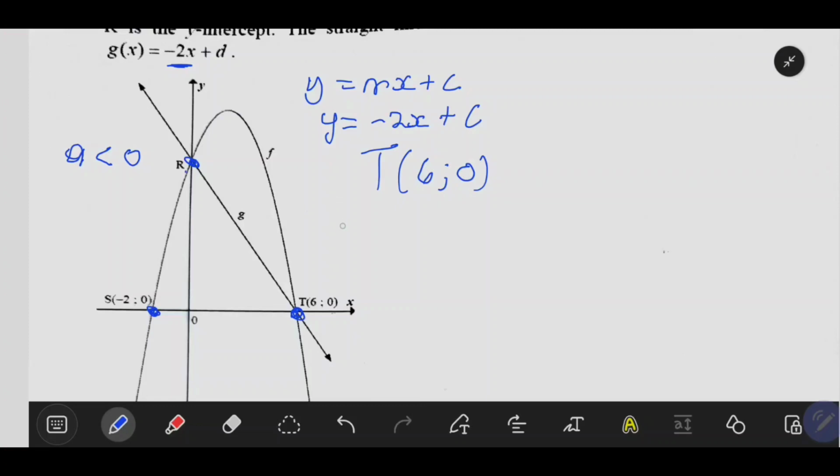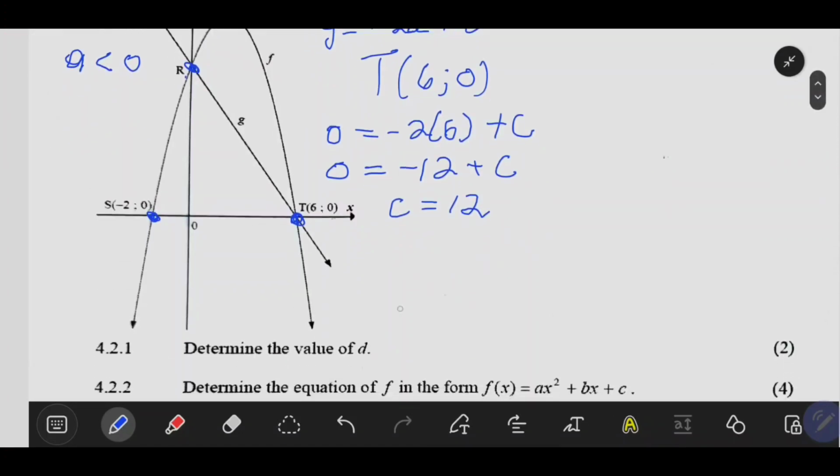Then our equation becomes 0 equals negative 2 times 6 plus c. Then we multiply out, we get negative 12 plus c. Then making c the subject of the formula, c is equal to positive 12.